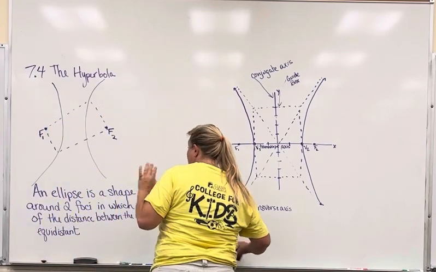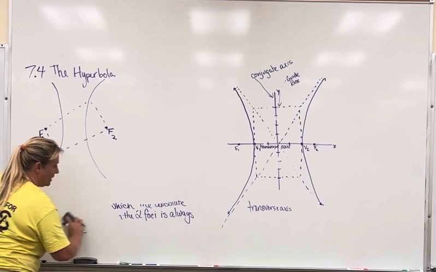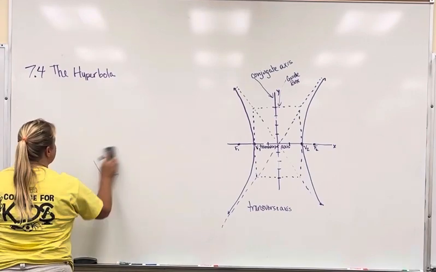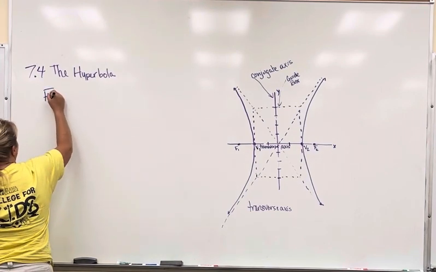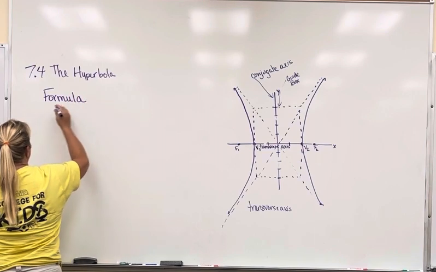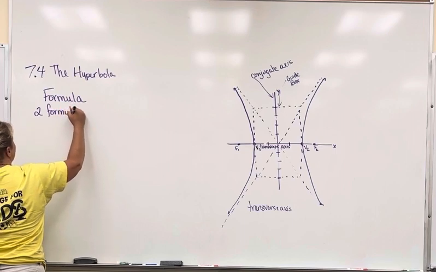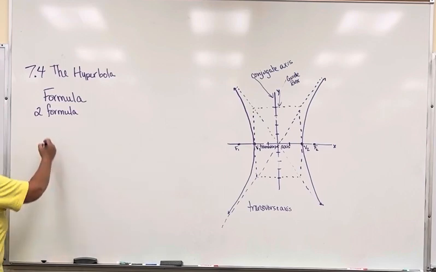So with that being said, when we go to look at the formula here for the hyperbola, it's going to look similar to everything that we've done before, with just a couple little changes. But there are going to be two formulas. So the first one that we're going to look at is the one that has a horizontal transverse axis.